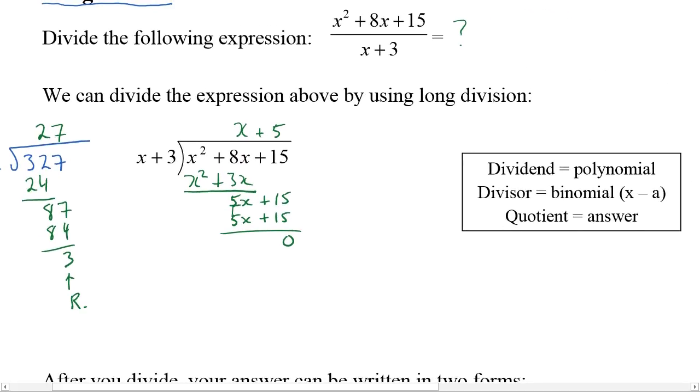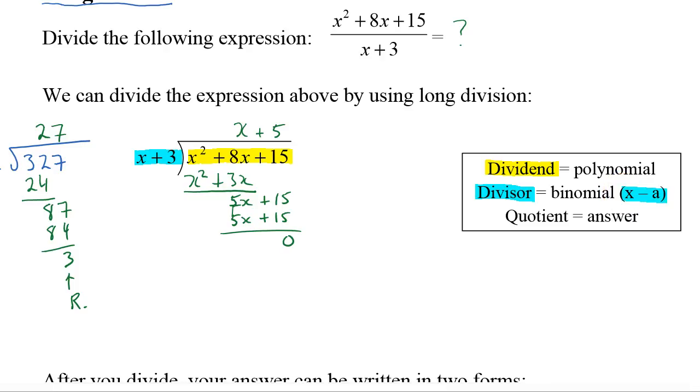Okay, so let's remind ourselves what some of these terms mean. So first of all, the dividend, that's the large thing that we started off with. This is the dividend. Okay, the divisor is the binomial in this case. And you'll notice that we're going to use this form of x minus a.